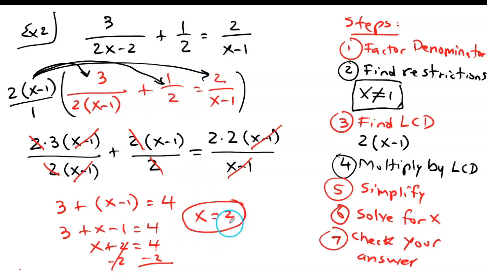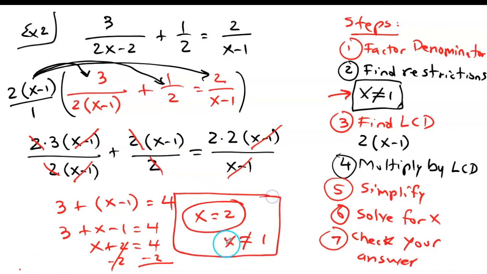When I'm giving my answer, make sure that you bring back your restriction. So, x equals 2, but the restriction is part of my answer. X cannot be equal to 1. You always have your answer with the restriction at the end. This restriction will always be asked. Keep that in mind.